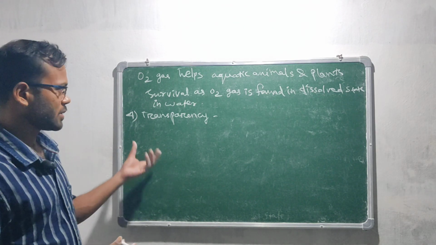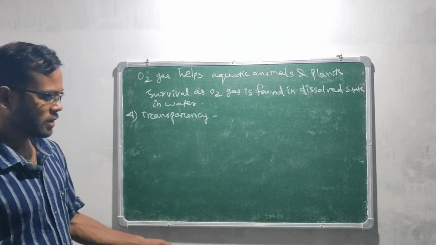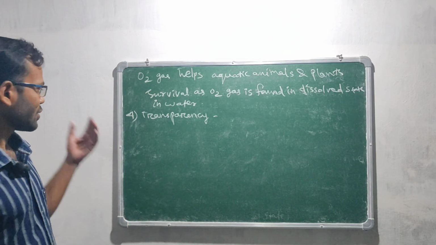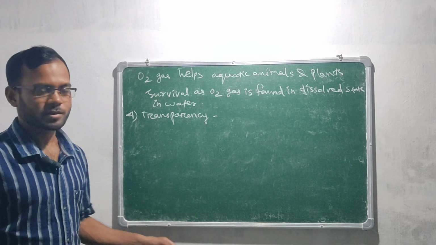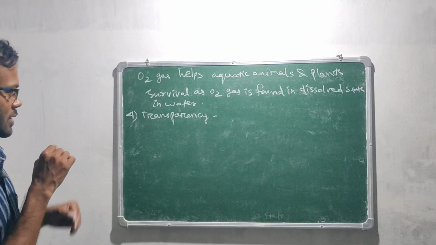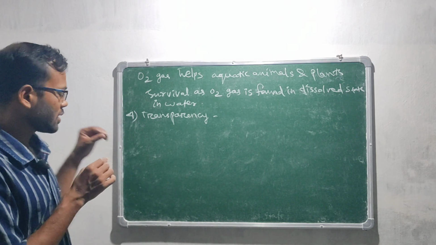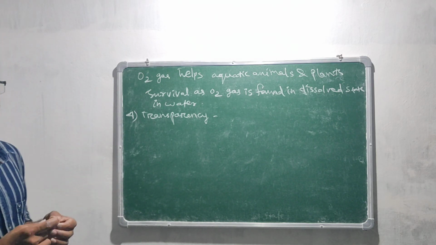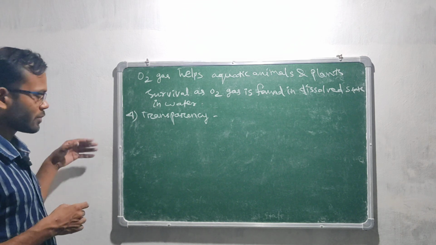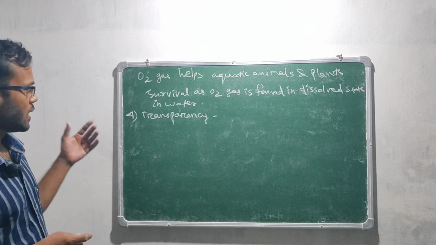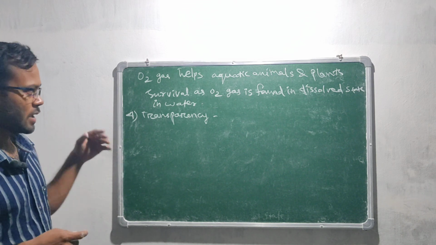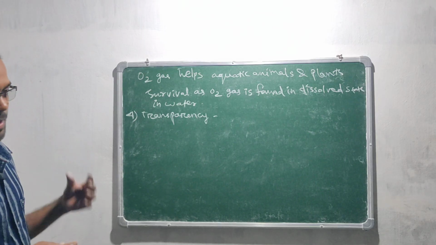Suppose I am shooting this video in this room. This room has walls, and the light cannot penetrate through this wall. Light cannot pass through this wall, so I cannot see anything through it. I can say the walls have no transparency.